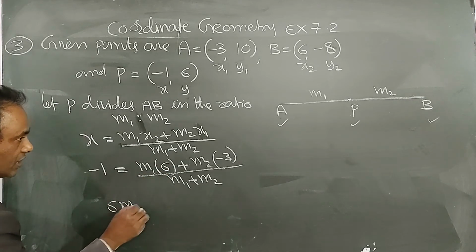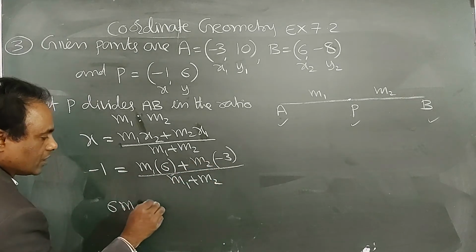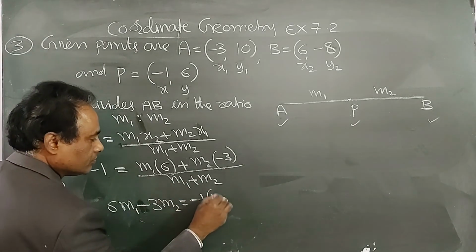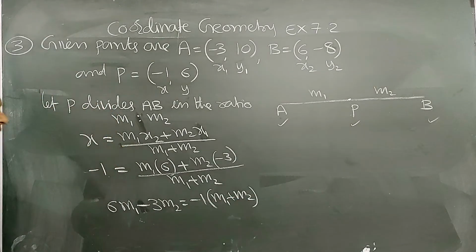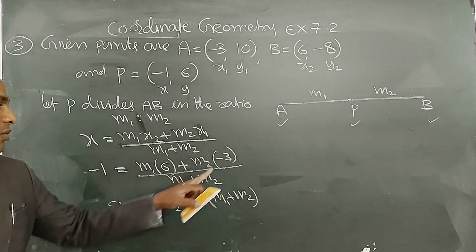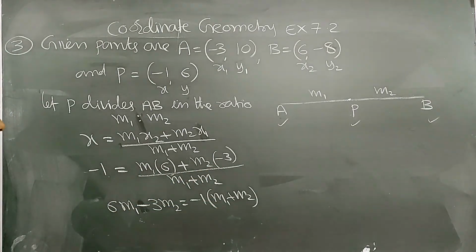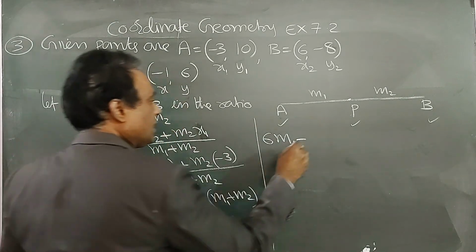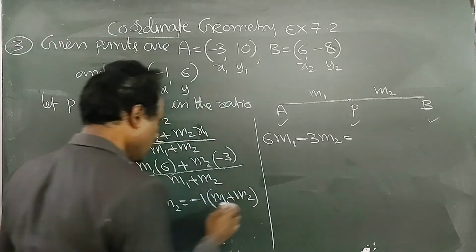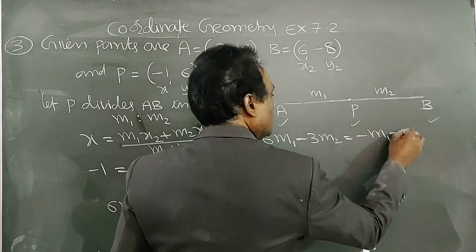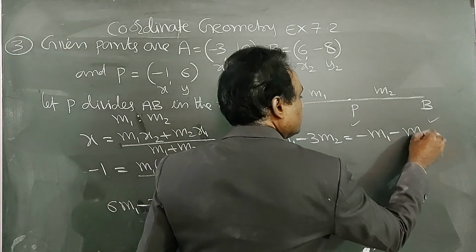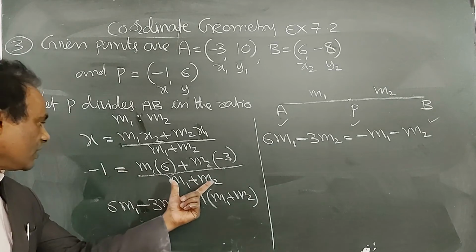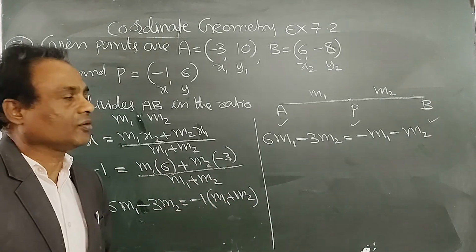6m1 plus minus 3m2 is equal to minus 1 into cross multiplication. 6m1 minus 3m2 is equal to minus 1 into m1 plus m2, that is minus m1 minus m2.